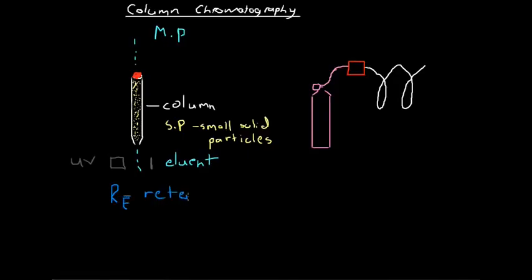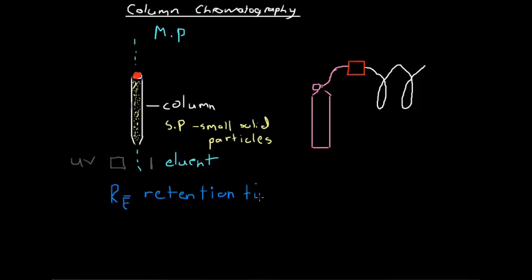Retention time refers to the amount of time it takes for a given component of the sample to move through the column and exit in the eluent. We consider time 0 to be when the sample is placed on top of the column, and we measure the time between then and when it leaves the bottom. That length of time is called the retention time.